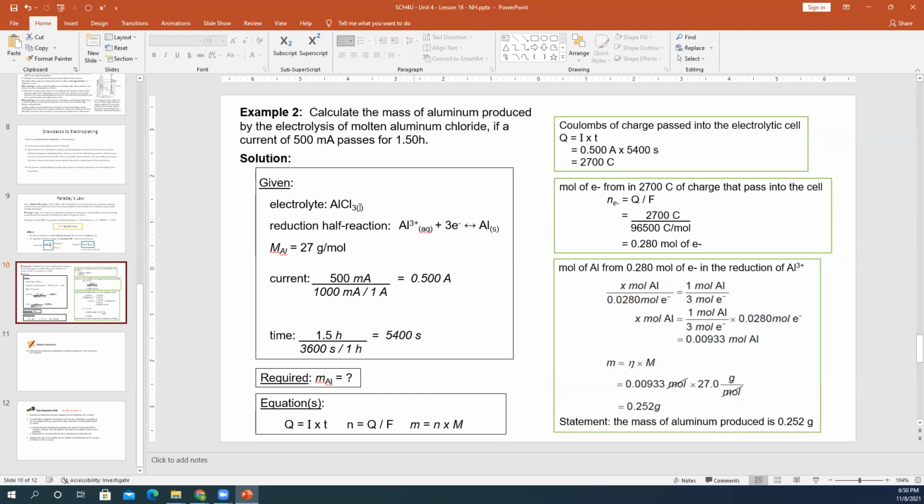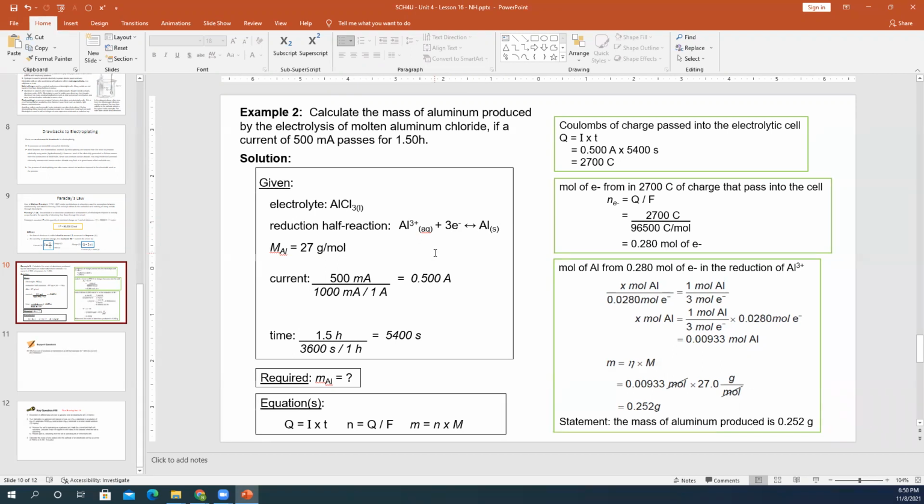Aluminum will have a charge of +3, because there are 3 chlorides and chloride has a charge of -1. So Cl minus times 3 gives 3 minuses, and therefore your aluminum is 3+. And that then gains 3 electrons to become a solid aluminum atom.